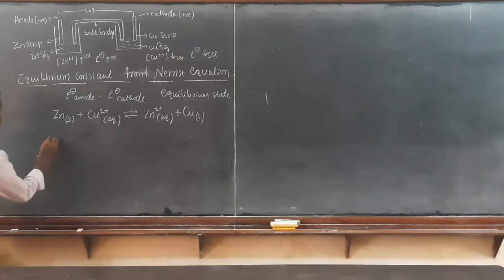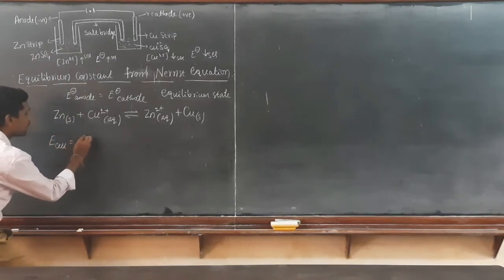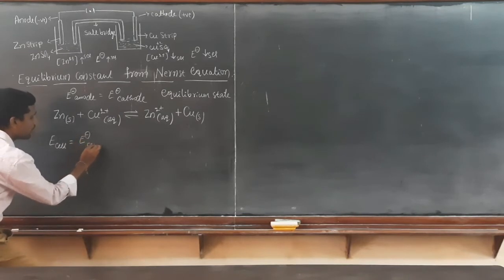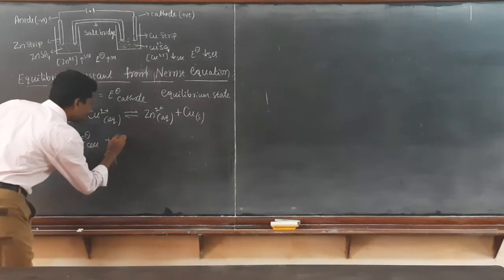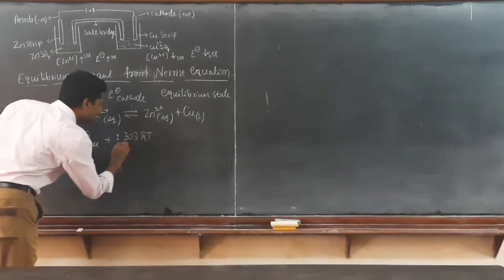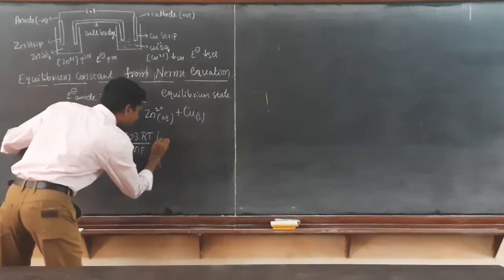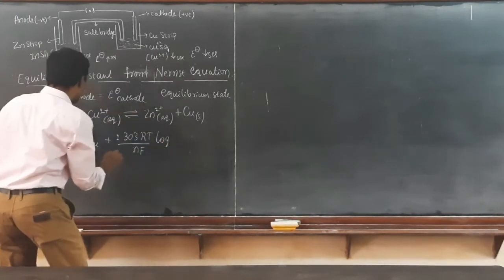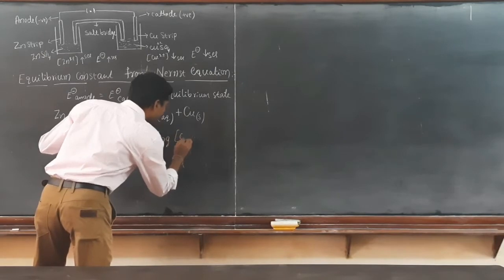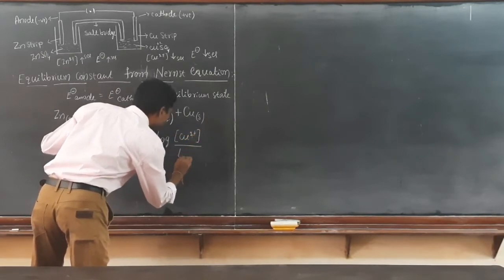The Nernst equation is E cell equals E naught of the cell plus 2.303 RT divided by nF, times log of the copper 2 plus concentration over the Zn2 plus concentration.